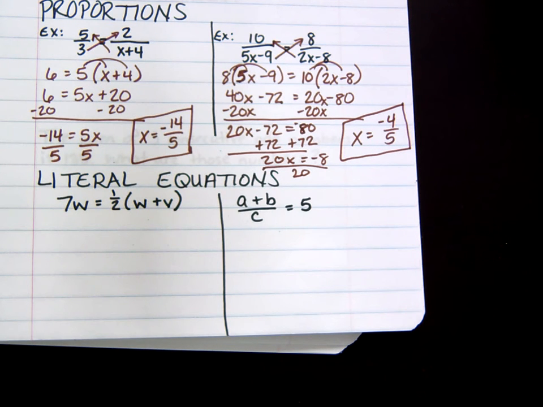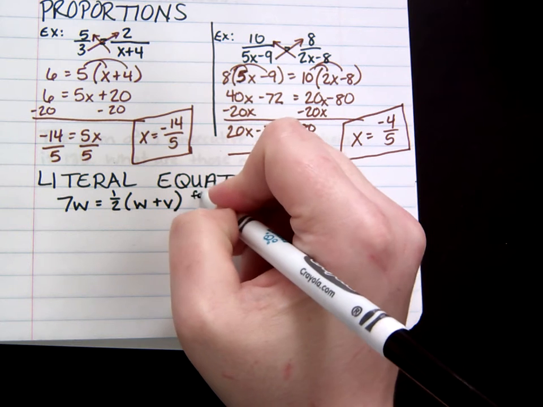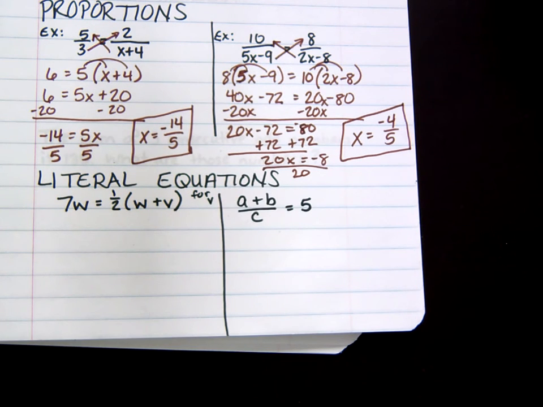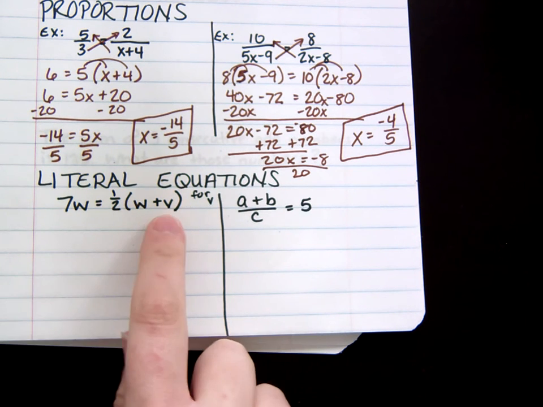So let's say I forgot to specify which variable I was solving for. Let's say on this one I am solving for v. Okay? This means I want to rearrange everything and get it to where v is by itself on one side.